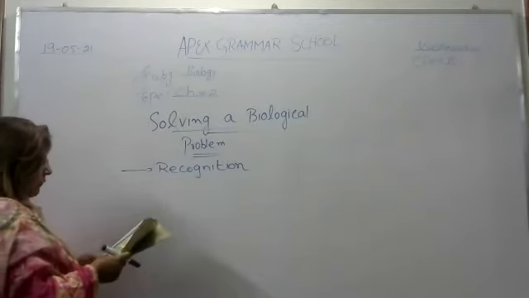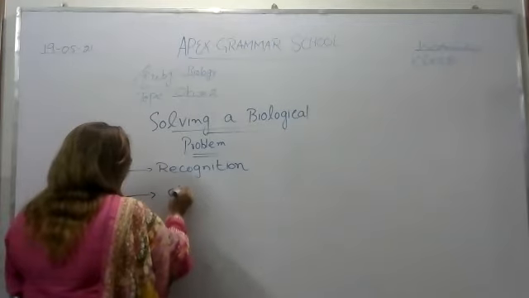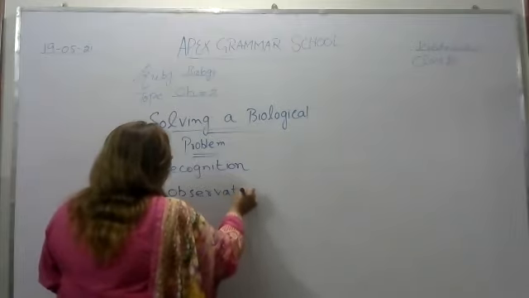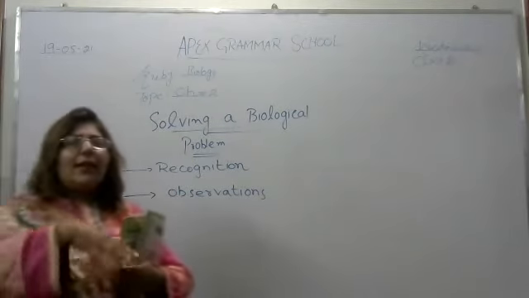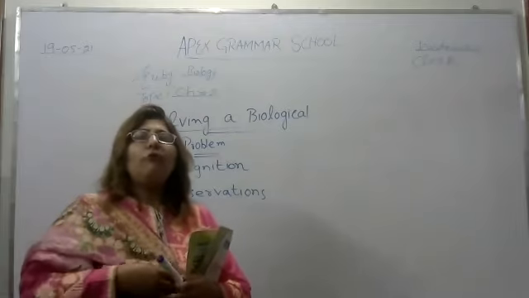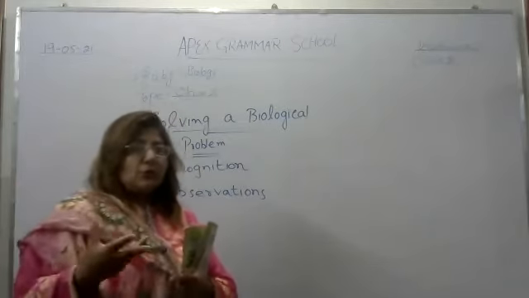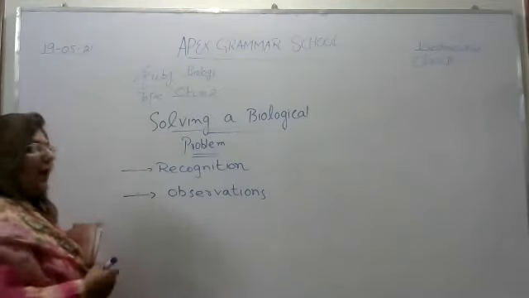After recognition, we will discuss observations. The second step is called observations. So what are observations? Observations can be anything. When you have to find a problem, then you will want to observe. So when you start the observation, which things will help you?